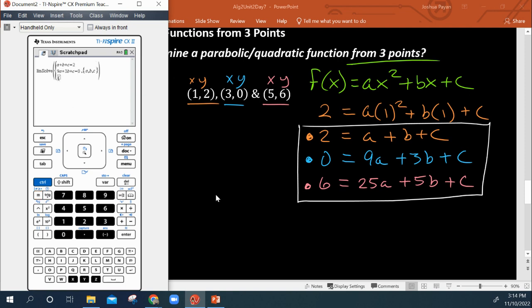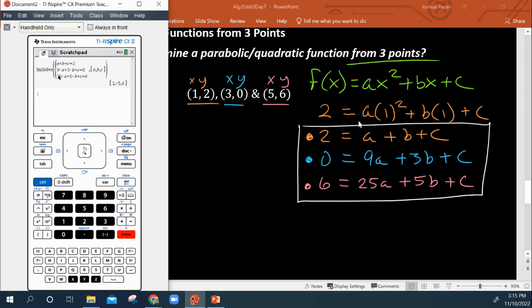Next equation, 25a plus 5b plus c is equal to 6. That's the one in pink. Whenever I've entered in my system, I just hit enter, and it gives me the answers for A, B, and C. So we can use this to solve any linear system like this, not just pertaining to a quadratic. Useful stuff.